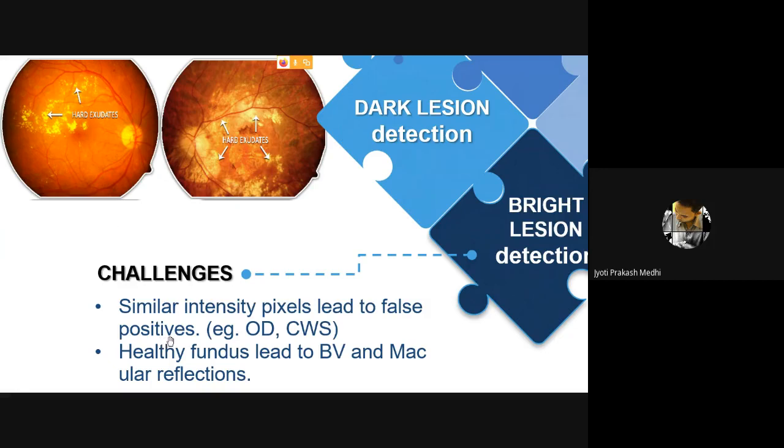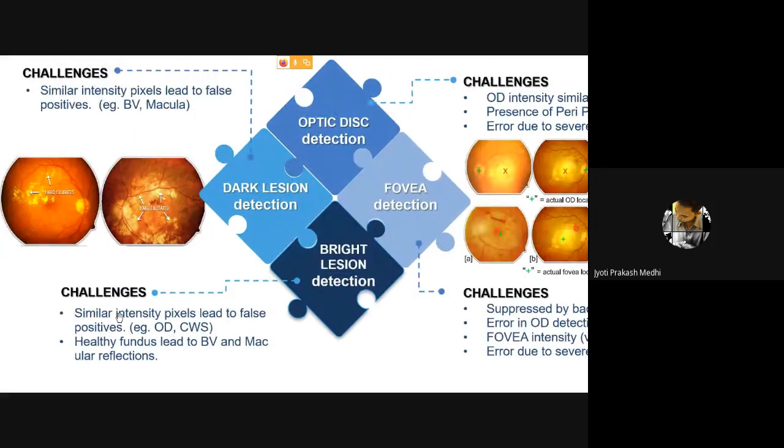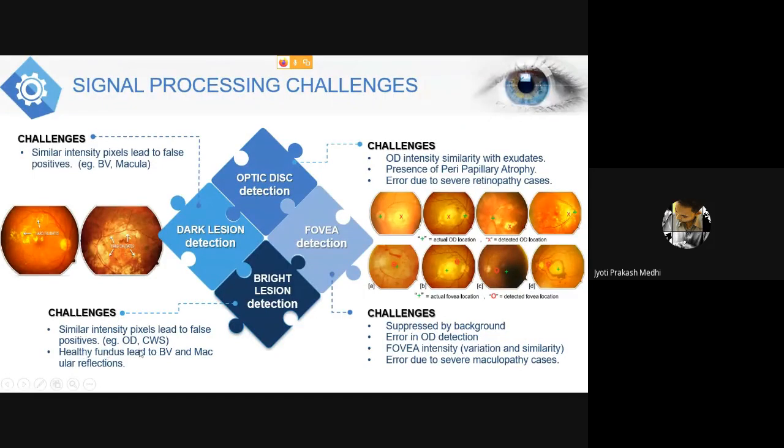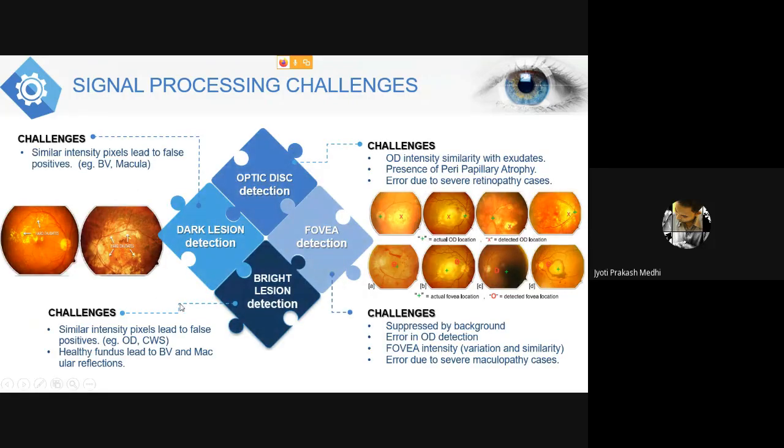Another difficulty is what we have observed using healthy fundus images. Healthy fundus images lead to various reflections, which are blood vessel and macular reflection. That we will discuss again in the third section. Those blood vessel and macular reflections will appear as brighter intensities.